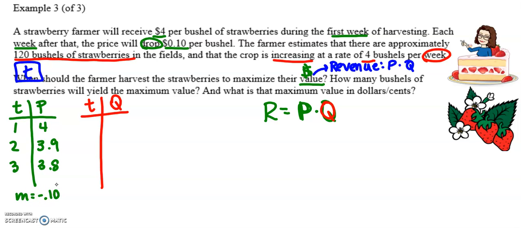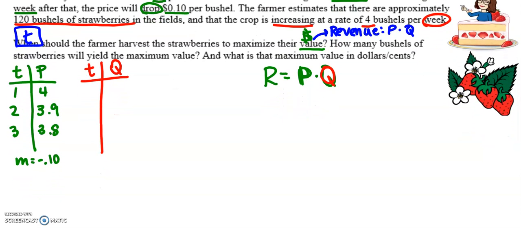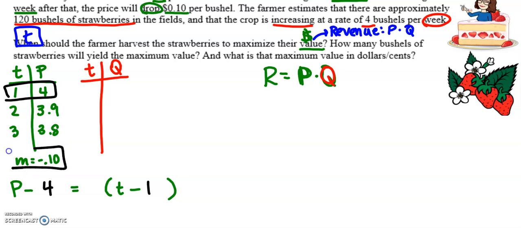A drop in 10 cents a bushel, sorry. So if I write an equation for this, the price minus equals the slope times T minus, right? Using our point slope equation. And I can use this point. In week 1, we were selling at $4, and our slope is negative 0.1.